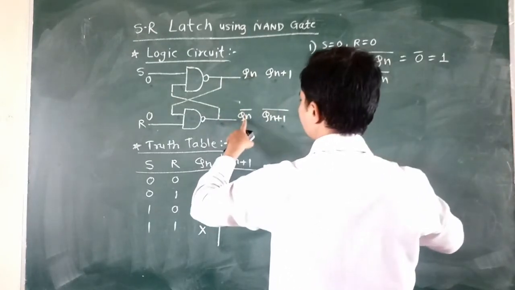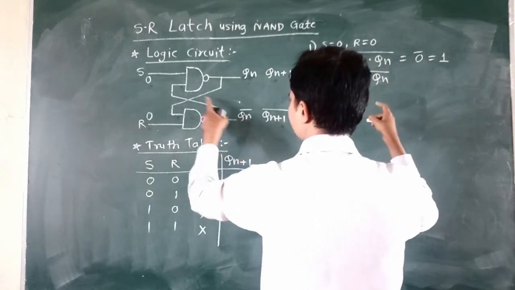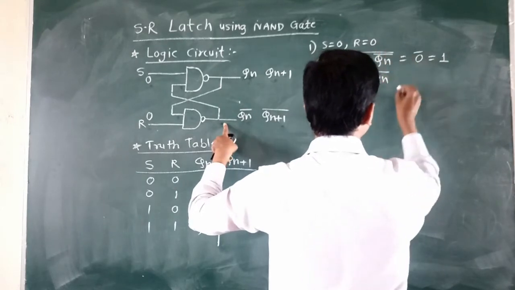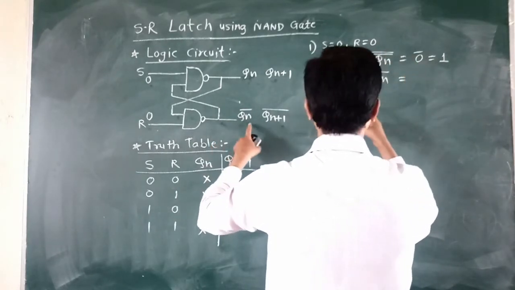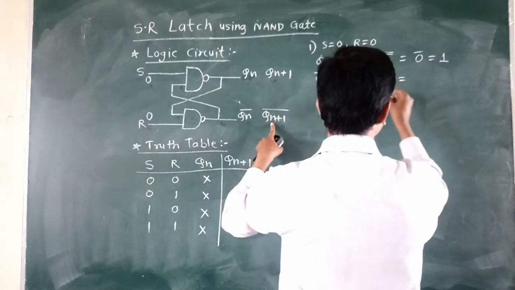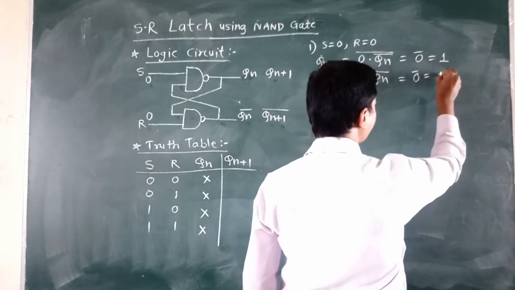Sorry for this mistake: in the first expression, this input is coming from Qn bar, so it should be Qn bar. Now talking about Qn plus 1 bar, 0 dot Qn whole bar. 0 dot anything is 0, so 0 bar is also 1.